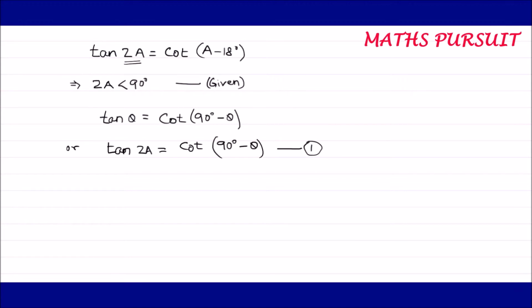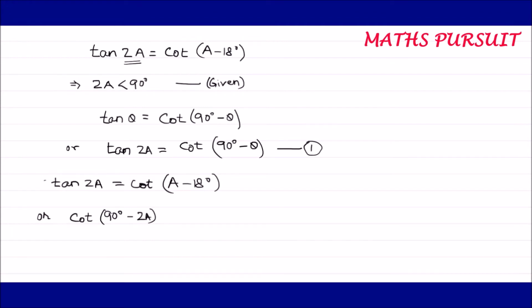Now I'm going to replace the value of tan 2a from the question with the value from equation number 1. The given question is tan 2a is equal to cot (a minus 18 degrees), or I can write cot (90 degrees minus 2a).